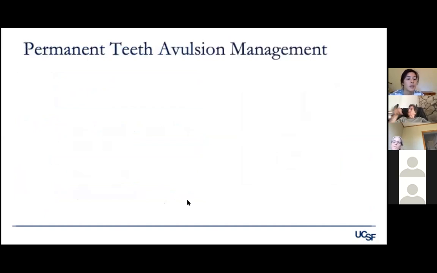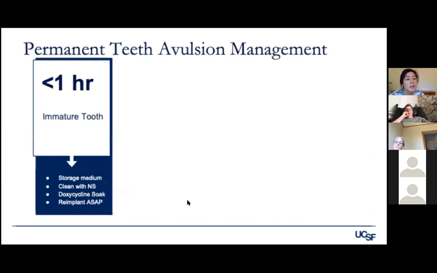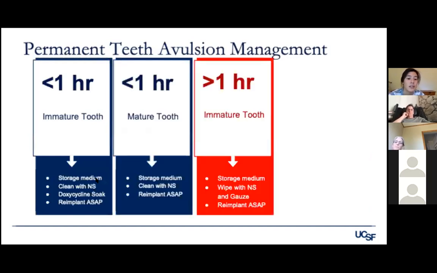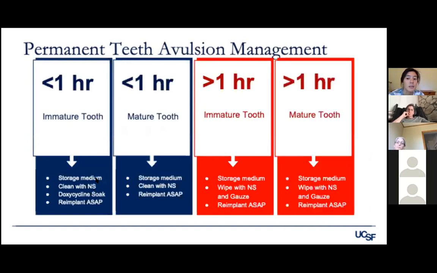After the acute management, dentists will have to decide the definitive acute treatment after we get the full history. And that depends on a variety of factors. It depends on the time, it depends on the maturity of the tooth, it depends on the mechanism of injury.